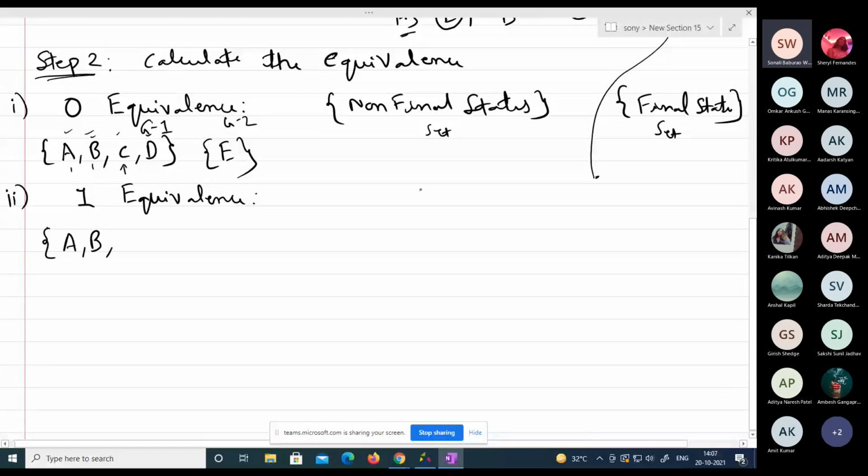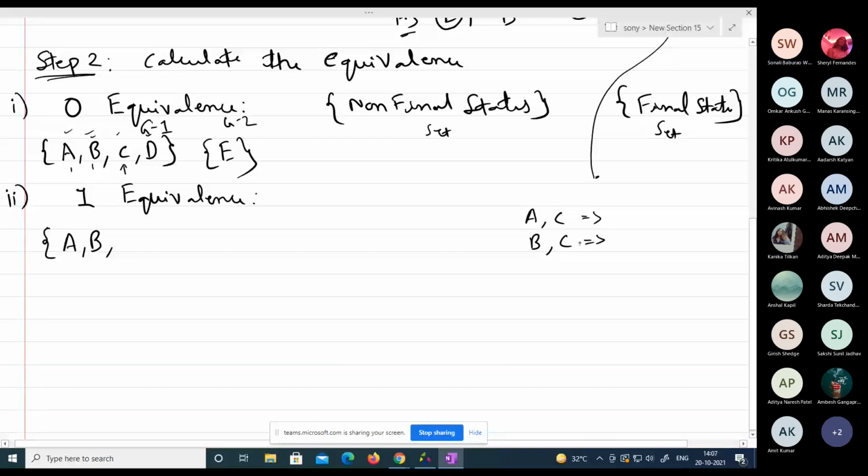So now what pair can I have? Either I can find out the values for A comma C, or I can find out the values for B comma C. Why do I have to find out that? Because I know that A, B are already present in my one equivalent, so they belong to the same set of states.